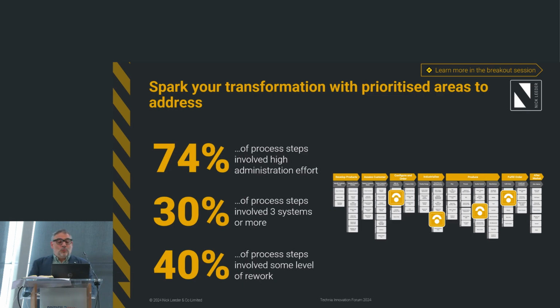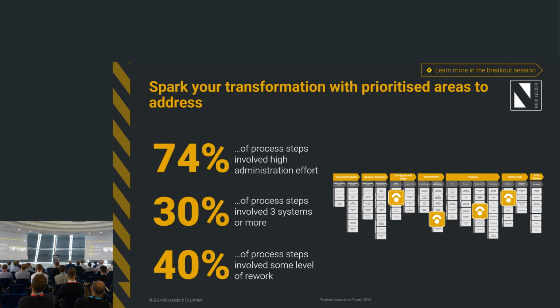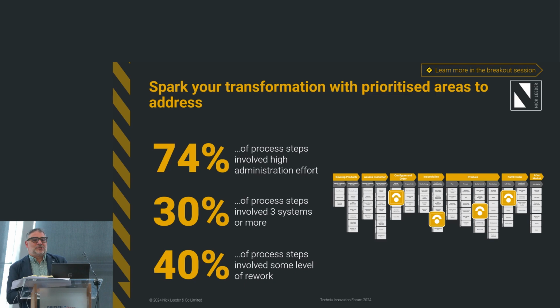So almost 3/4 of their process steps required a lot of administration. What do I mean by administration? They're taking information from one system, not integrated, by the way, and manually transposing that into another system. Out of those process steps, 30% of them were using 3 systems or more to execute.